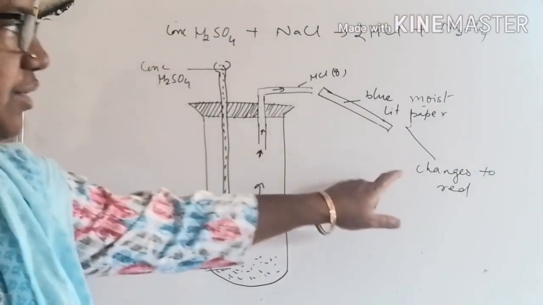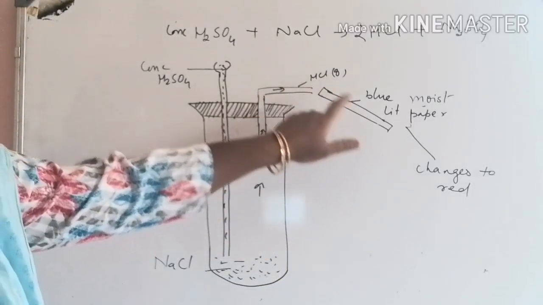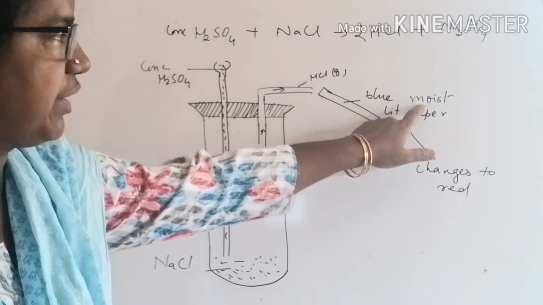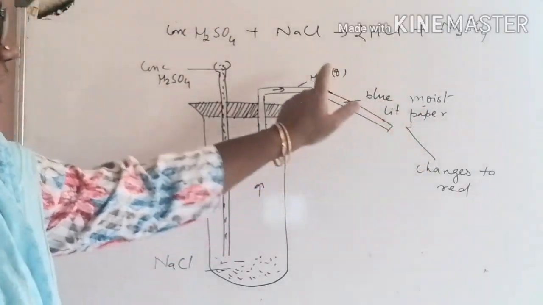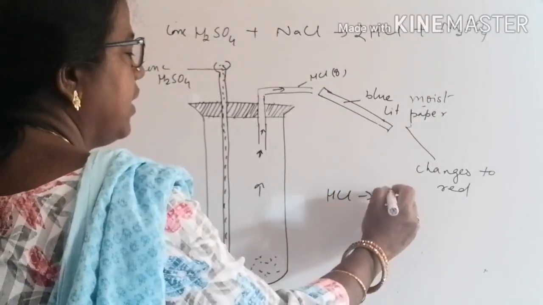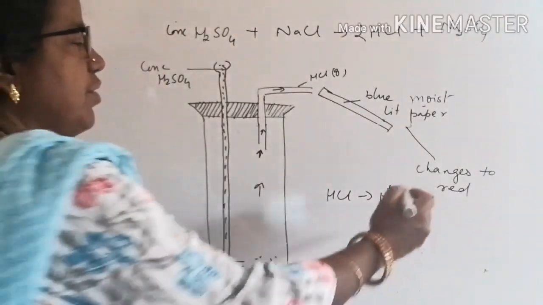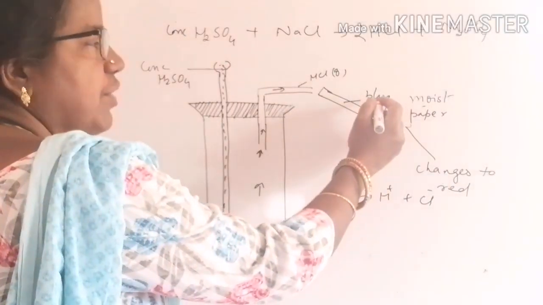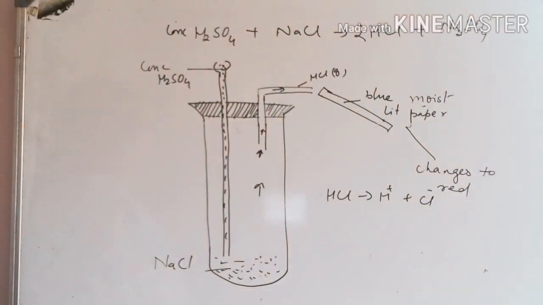As blue color changes to red, this confirms that HCl gas, as soon as it comes in contact with the water molecules of the moist litmus, dissociates to produce H plus ion, and as it produces H plus ion, it is responsible for converting blue color to red color in the solution.